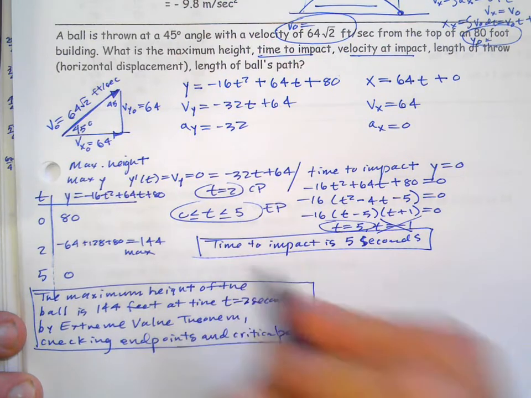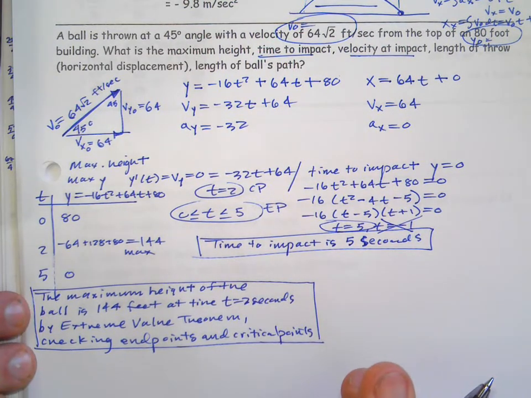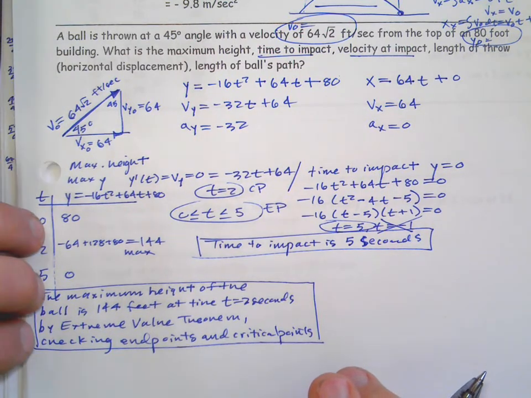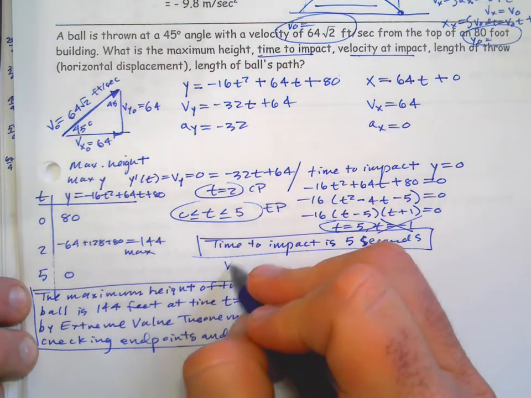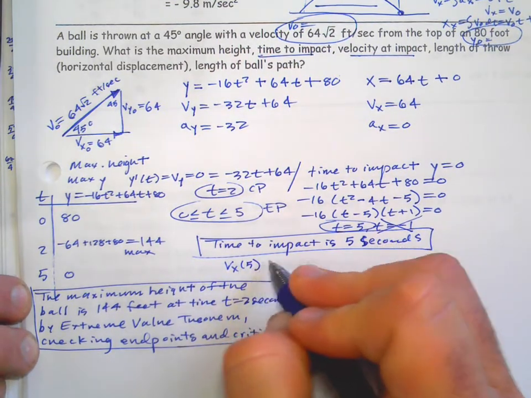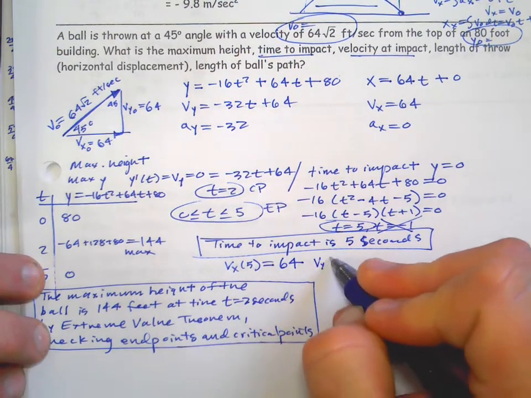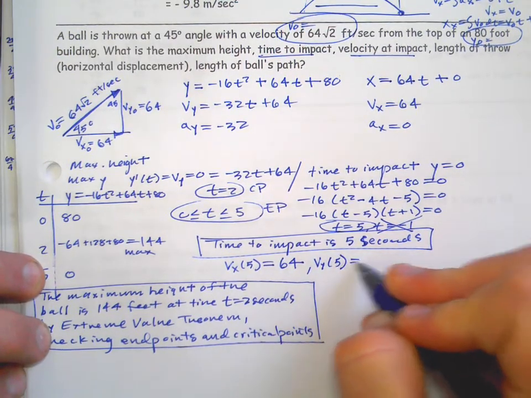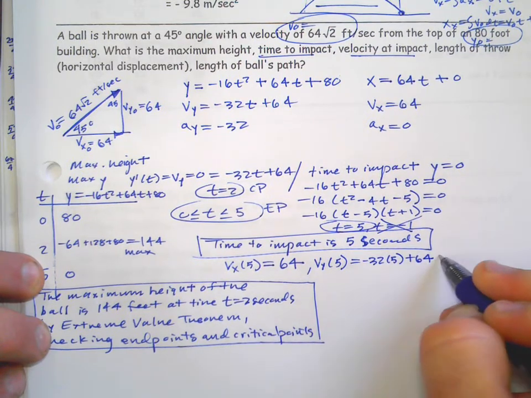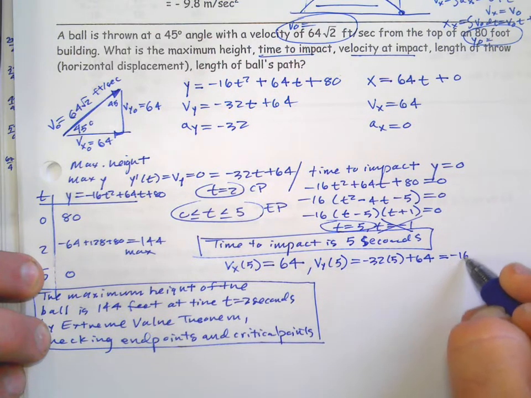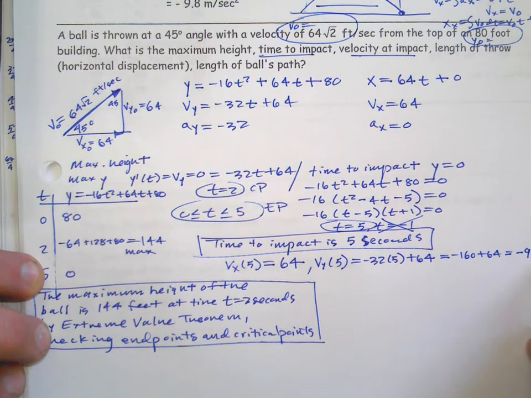And we want velocity at impact. Well, that's going to be a velocity vector, most likely. So we would say Vx at 5, which would be 64, and Vy at 5 would be negative 32 times 5 plus 64, is negative 160 plus 64, is negative 96, which makes sense.